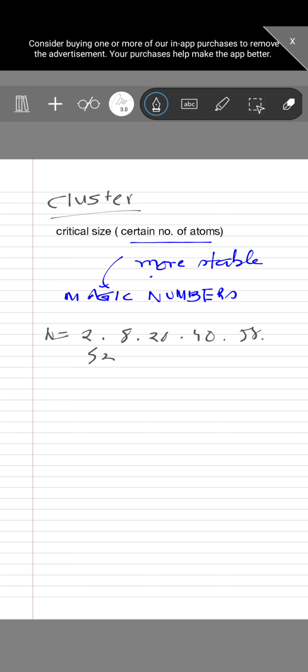Now, what makes these materials stable is the free energy. This free energy is lower, and that gives rise to its stability.